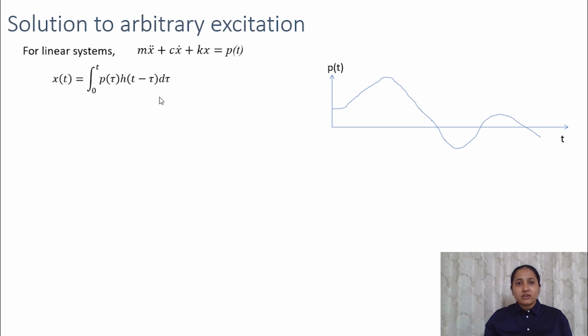In the last week, you learned that this h(t minus tau) is the response of a single degree of freedom system to a unit impulse. So the response due to this arbitrarily varying function can be found as the sum of the responses due to multiple impulses. If you evaluate this integral, we can get the response of the single degree of freedom system due to this force.